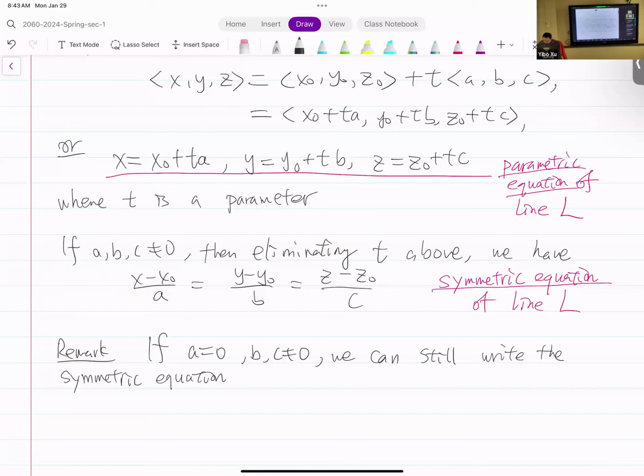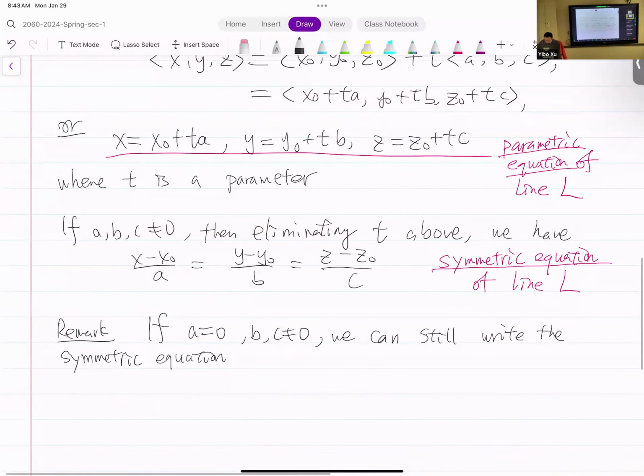So here the idea is the following. When a is 0, then this thing is t times 0, which is always 0. So that tells you you cannot really divide by 0. But then you can just write x equal to x0, and you make the equality from the other two. So here x equals x0. That's something you cannot really do as the equality like right here.